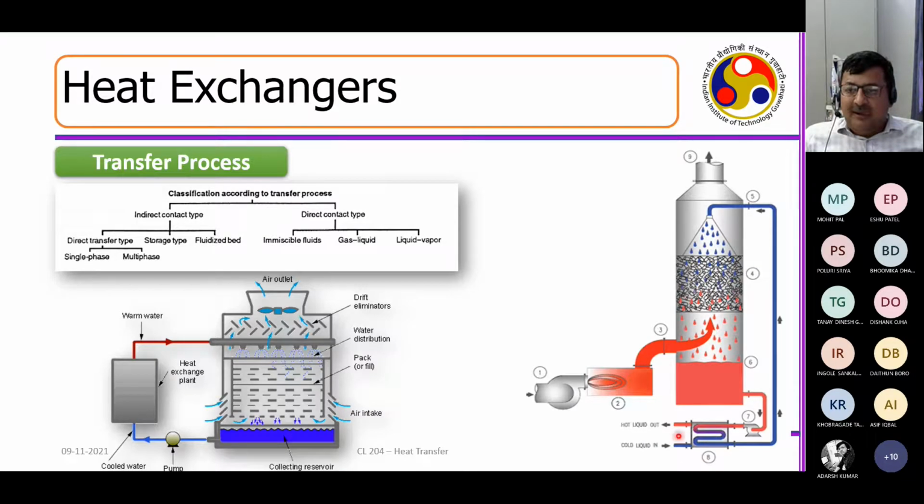And you are taking some cold water and pumping it here to distribute cold water in a packed bed. You allow the hot gas to go from the bottom to the top, which is the natural drift. So this hot air is getting converted to cold air and going out from here, whereas this cold water is getting converted to hot water, and this hot water you are taking out.